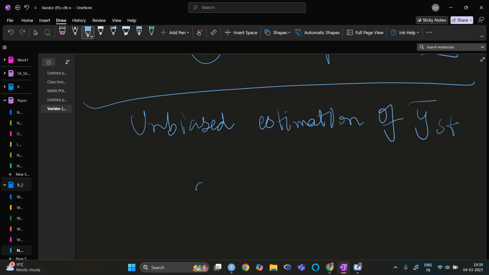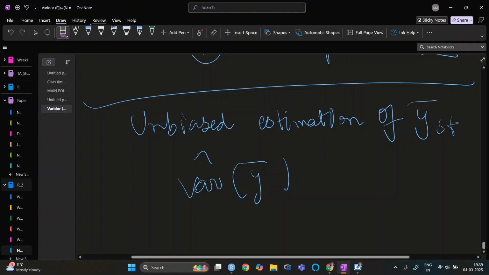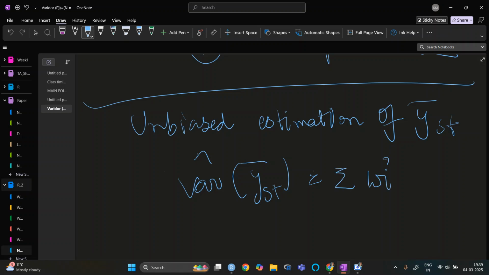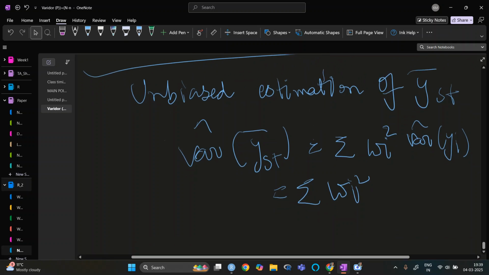So this one is yi square, the variance cap of yi.